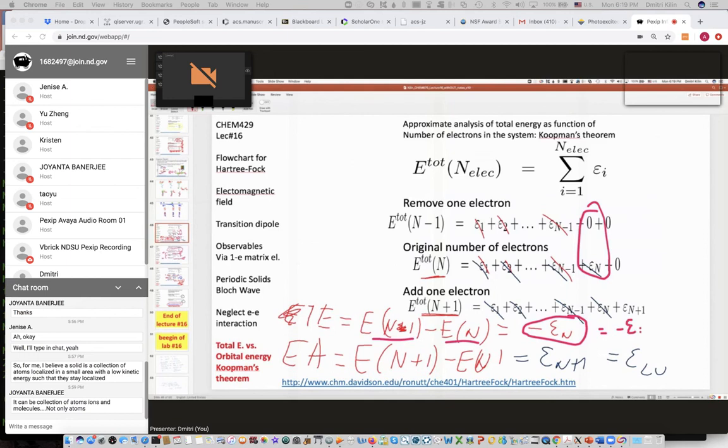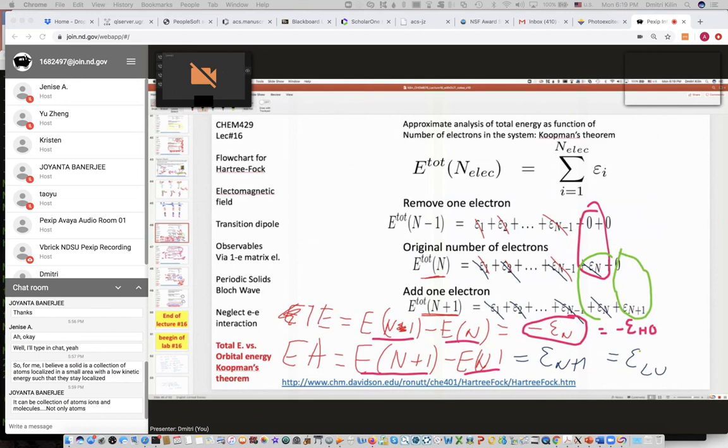If I need the electron affinity, I will subtract the energy of the anion and neutral, and it will be this one, the energy of the LUMO.